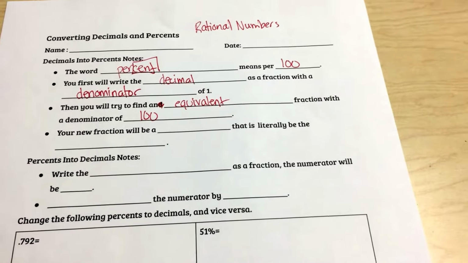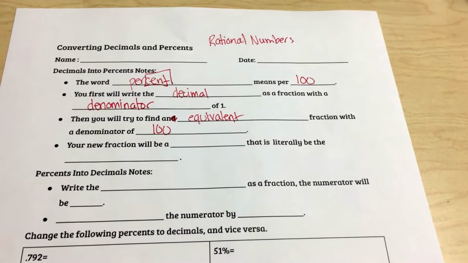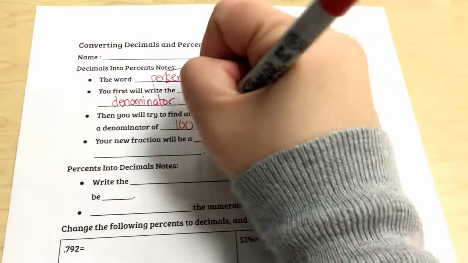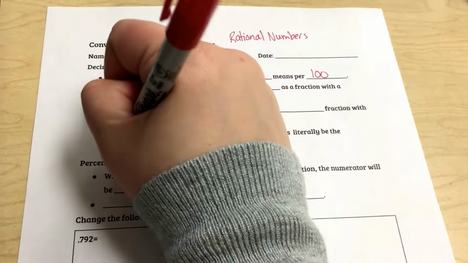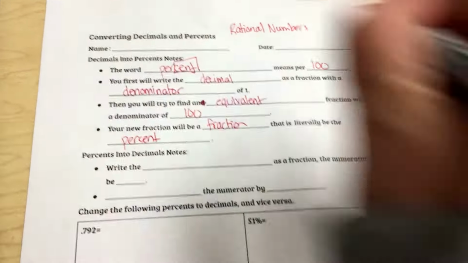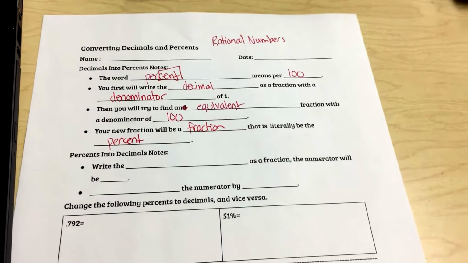So far, these are all things that should sound pretty simple because we've learned them before. Your new fraction will be a fraction that is literally the percent. This last sentence might sound a little confusing, but I'm going to show you why it's true.